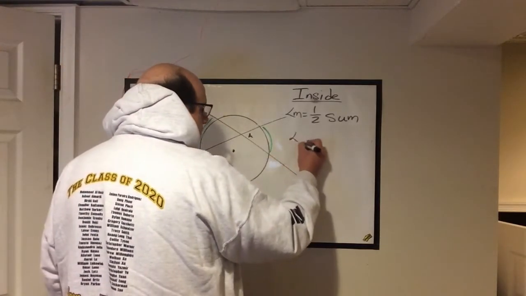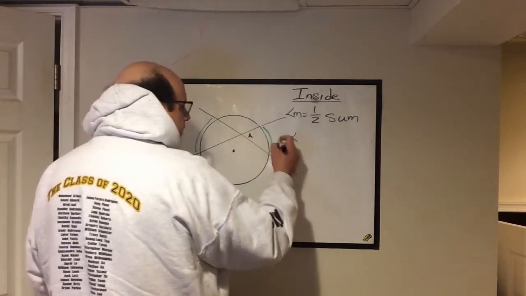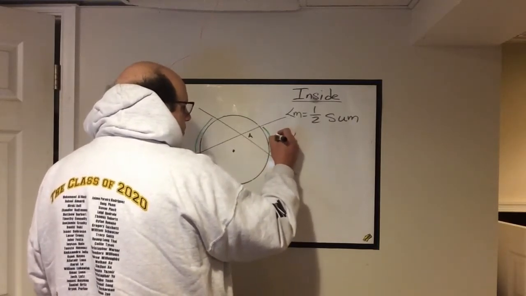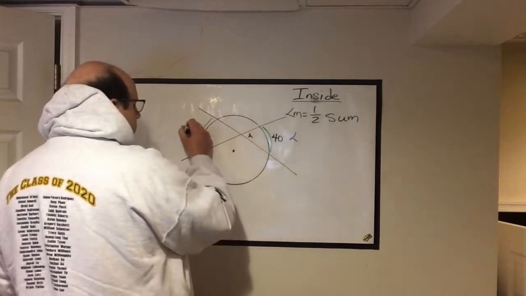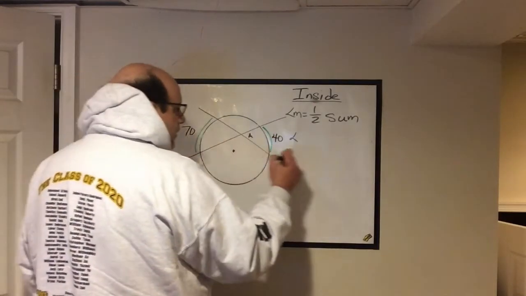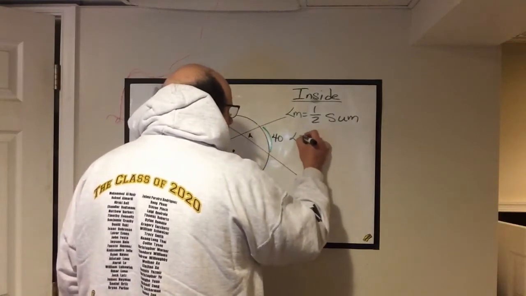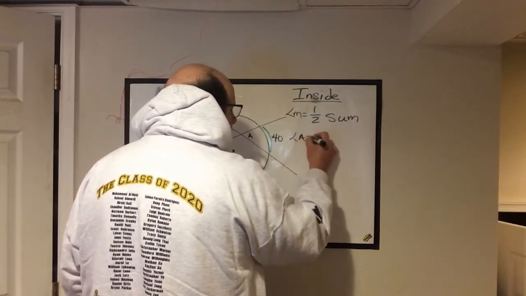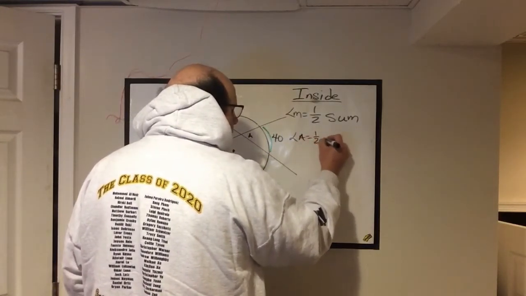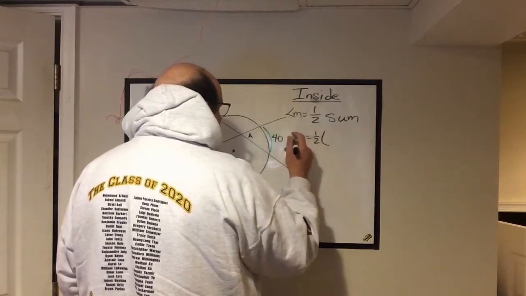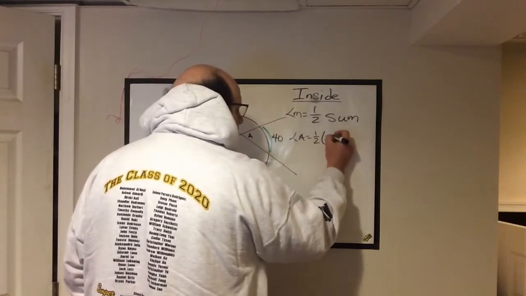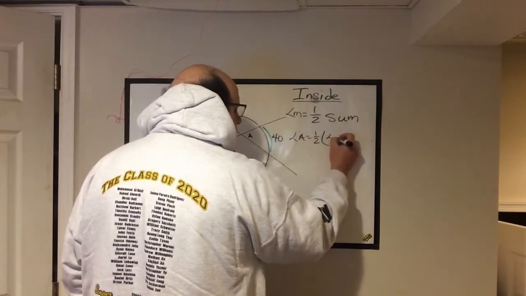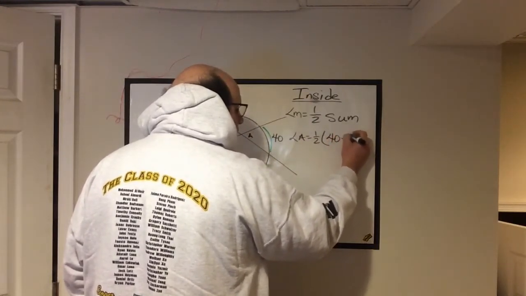So this would be angle A, and I'm going to say this is 40 and this is 70. All right, so the measure of angle A is equal to 1/2 the sum of 40 and 70.